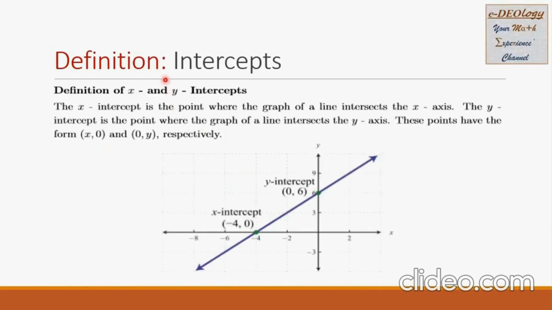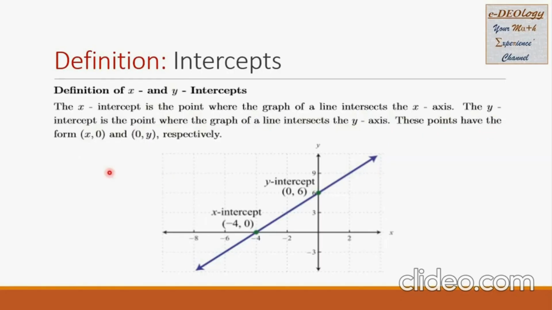Let us make another definition about intercepts. We have x-intercepts and y-intercepts. The x-intercept is the point where the graph of a line intersects the x-axis. The y-intercept is the point where the graph of a line intersects the y-axis.